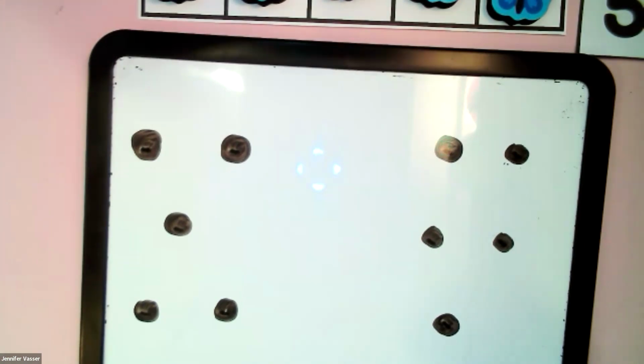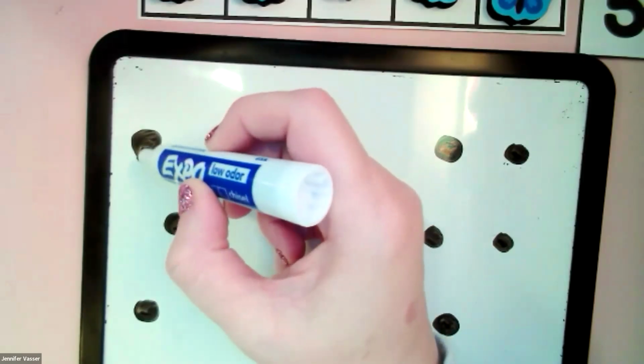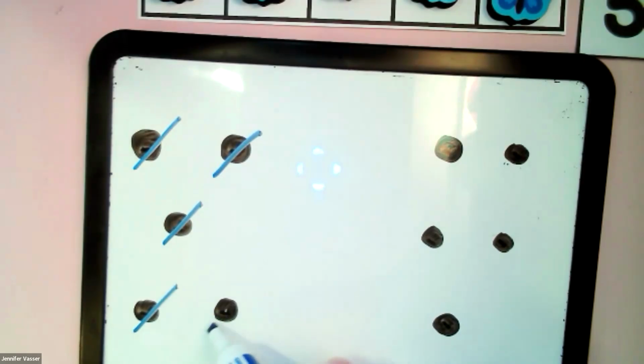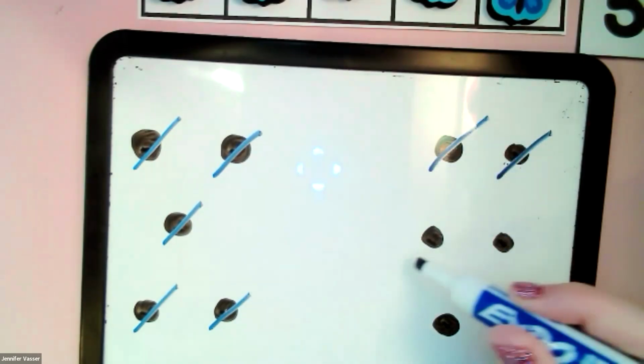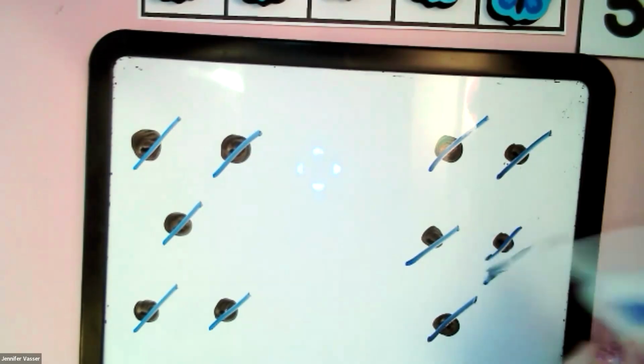Let's see. Here we go. Ready? Let's count and mark the dots. 1, 2, 3, 4, 5. 1, 2, 3, 4, 5. Oh my goodness. No matter how I drew my dots, I still had 5 dots.